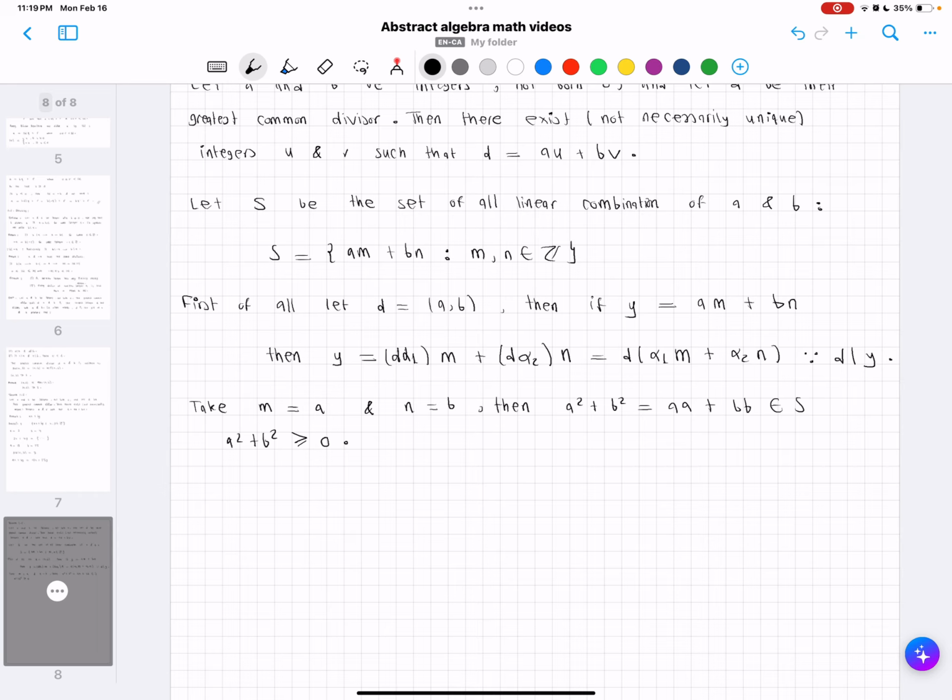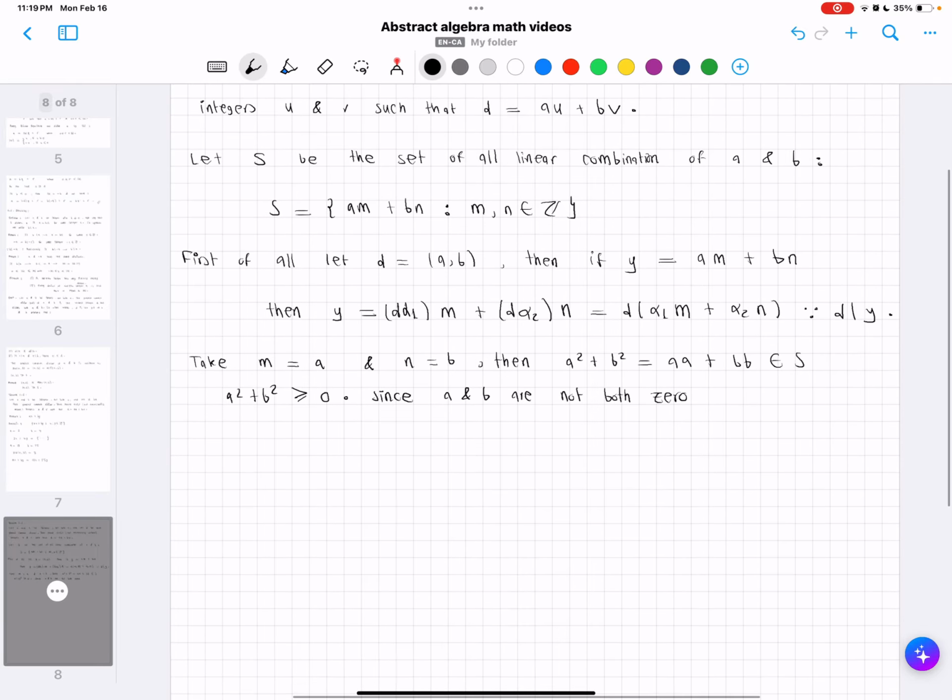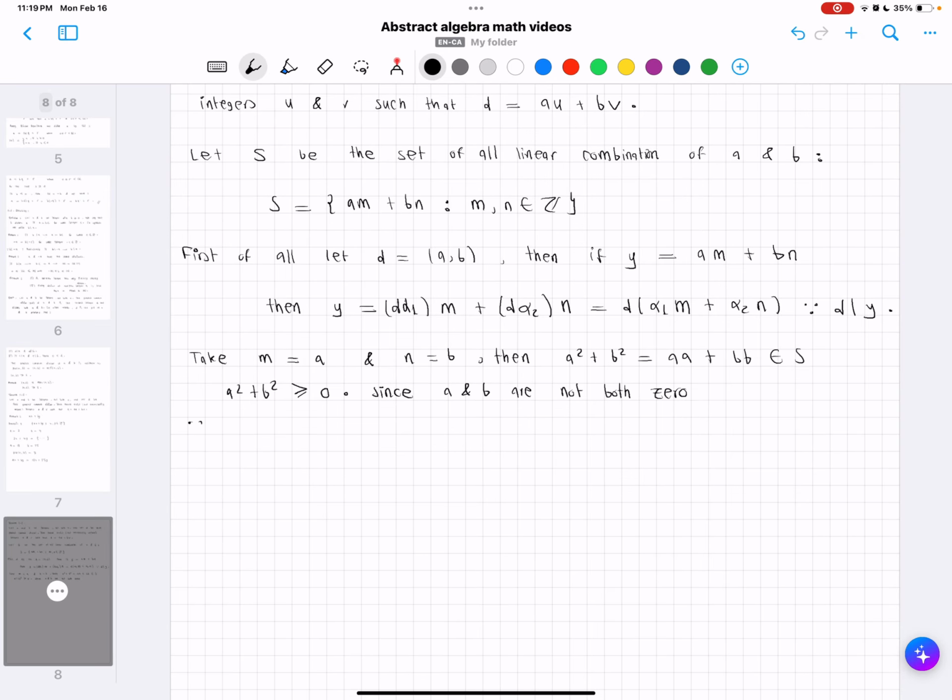Since a and b are not both 0, a squared plus b squared must be positive.